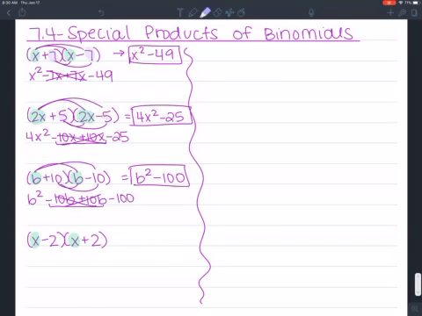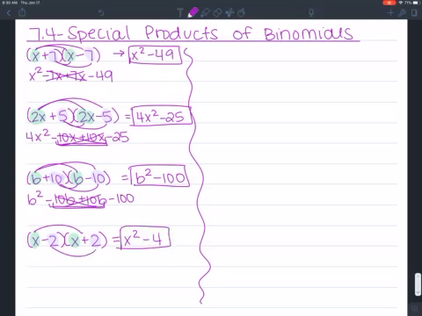So it's positive 5, negative 5, positive 7, negative 7, positive 10, negative 10, negative 2, positive 2. So when we have that setup, we're going to be able to find a pattern. And we can essentially say that those middle terms will always cancel. So then we can just go x times x is x squared, and negative 2 times positive 2 is negative 4.